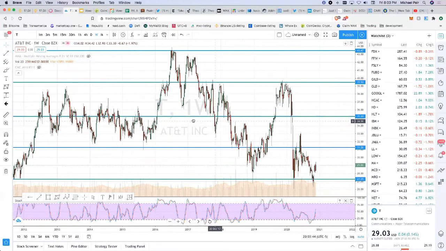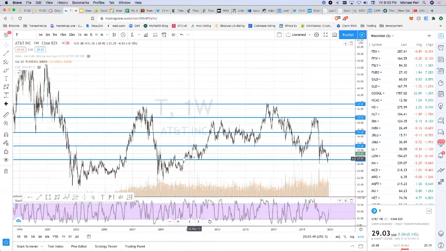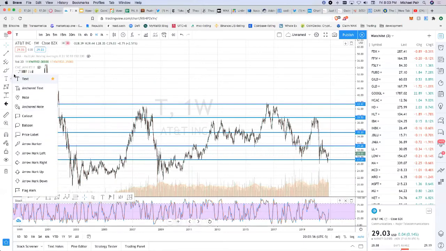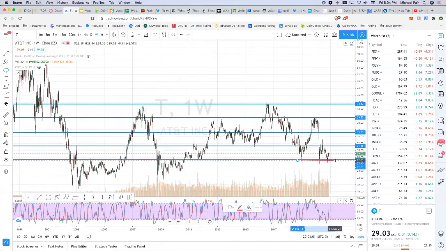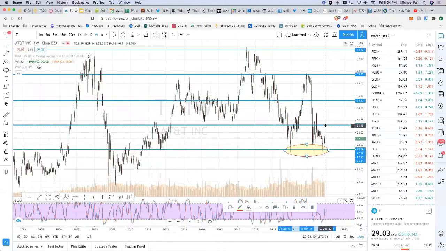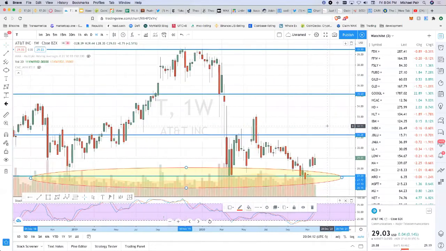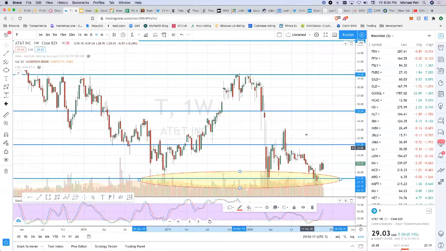Even looking at this, I wouldn't even pay attention to AT&T, but as I look at this, you got a triple bottom right here. What's that price point? 27, 29. Okay. That's a triple bottom. That's pretty decent.